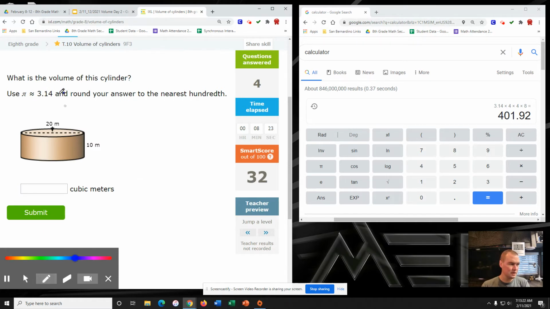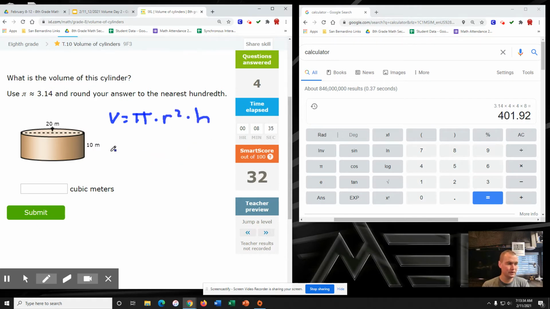All right, next up, what is the volume of the cylinder? We got volume equals pi times radius squared times h. Again, same formula. All right, volume equals pi is given to you every single time. It's 3.14. Multiply.